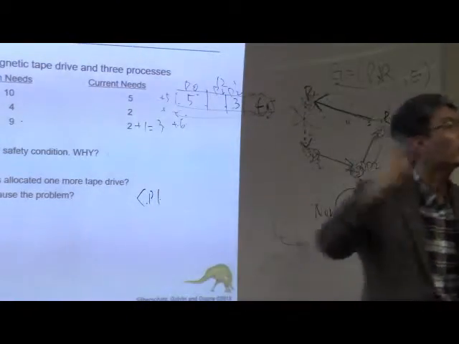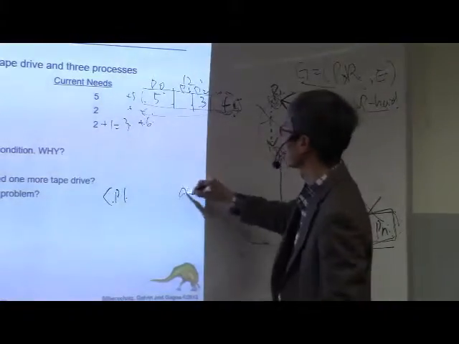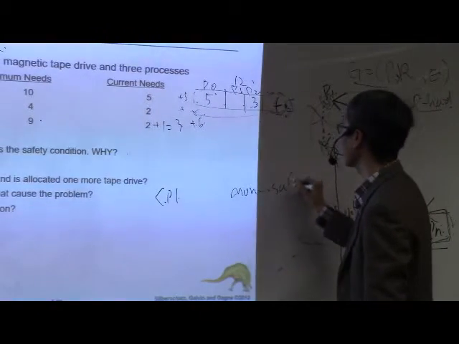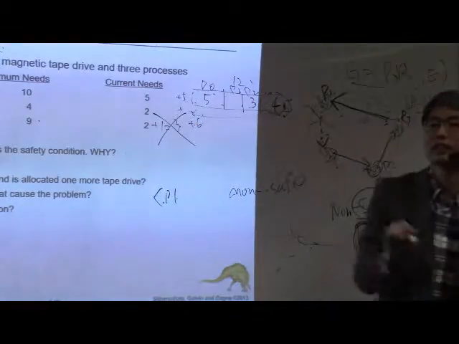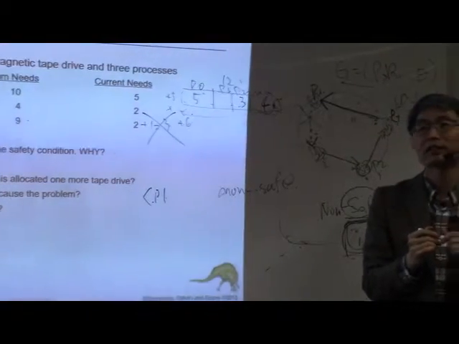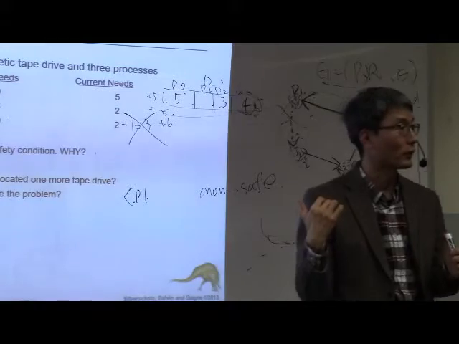Not always is this a deadlock, but it may be a possibility of a deadlock event. So it's called the non-safe state. According to deadlock avoidance, the operating system will not grant this. Okay? This is deadlock avoidance.